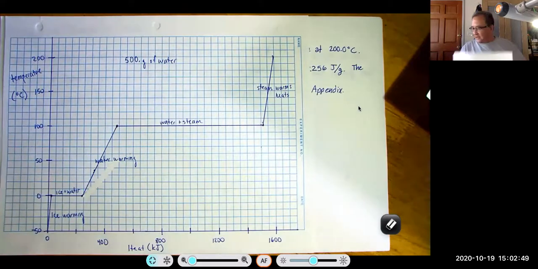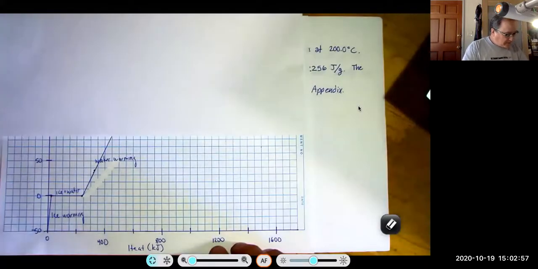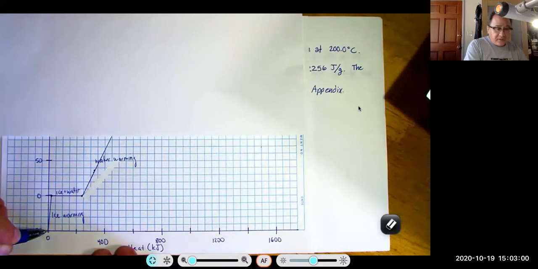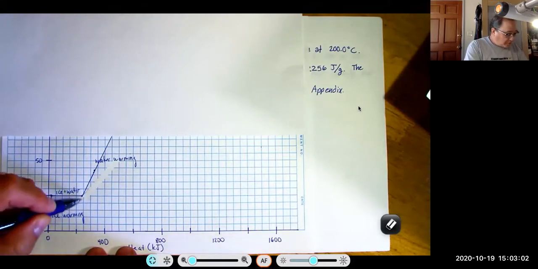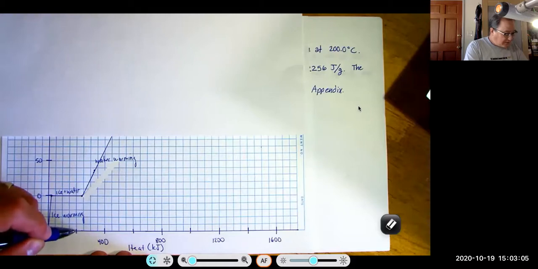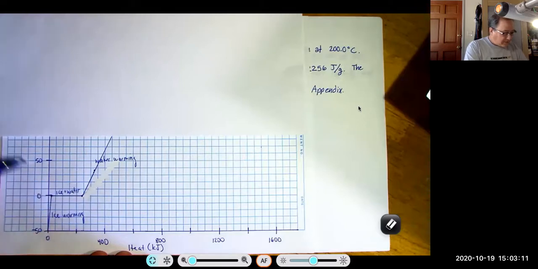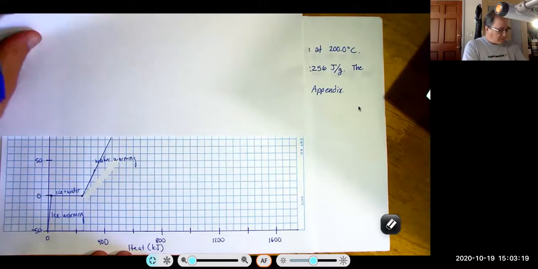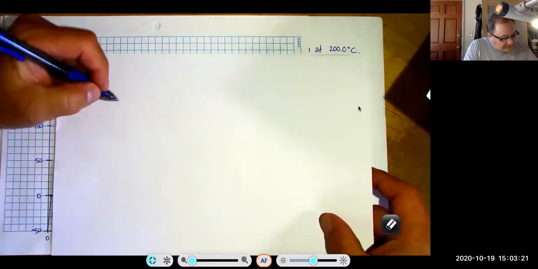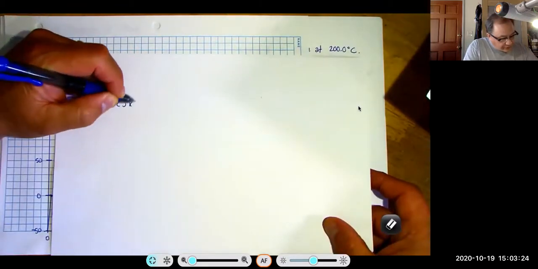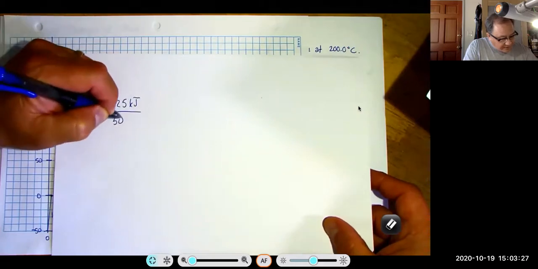It looks like we go from about 0 kilojoules to almost, let's see, this would be 200. So this would be like 250. Okay, so this is around 250, and this is around, we'll call that 25. Sound good? So this is about 225 kilojoules per 500 grams.